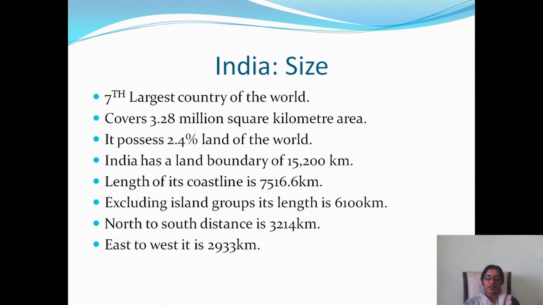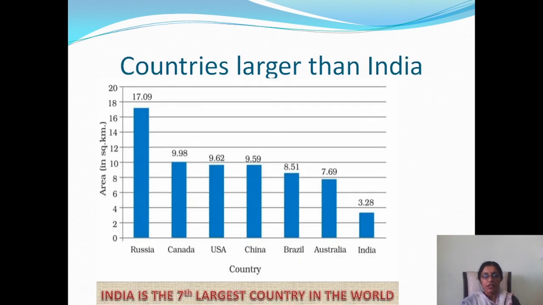Have a look at this slide. Now let's come to the next slide. These are countries which are larger than India. Largest country in the world is Russia with 17.09 million square kilometer area. Canada 9.98 million square kilometers.